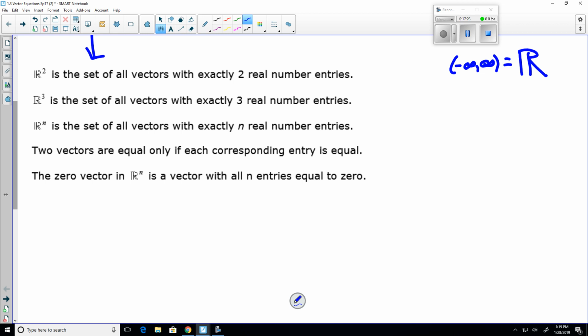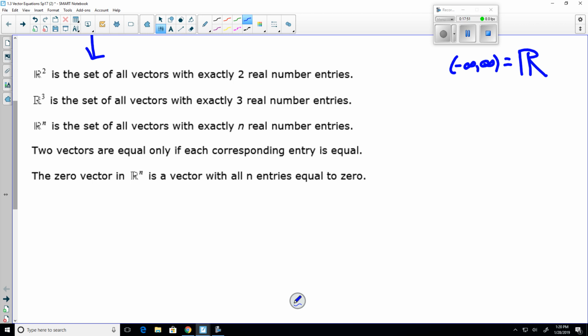Or in general, we can just say Rn. That would be any vector of size n. So would R2 be a 2-dimensional plane? Yep. R3 would be 3-dimensional space, and R4 you can't graph, but it's in R4 space. It just is what it is. There's no graphical context to it.